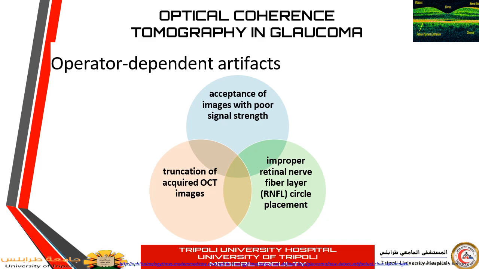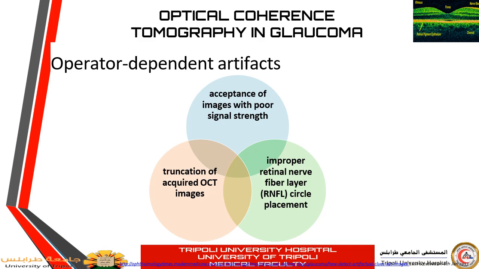If the reflectance rays are poor, you will have poor thickness of the retina. So if your image quality is poor, you will definitely find poor thickness, and you will wrongly diagnose glaucoma, which is called a green disease, that is, a red disease. That is, the patient is normal, but you wrongly diagnose him as glaucoma. So this is an operator artifact.